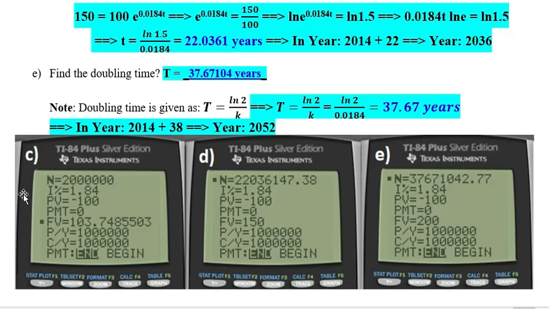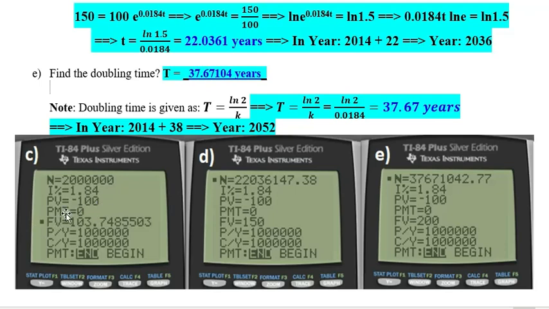So in C, you have N is 2 years times 1 million, because this is exponential growth, so it is increasing continuously. So if it is continuous, that means we're going to have to multiply by a big number. Then I is 1.84. The initial population is 100.